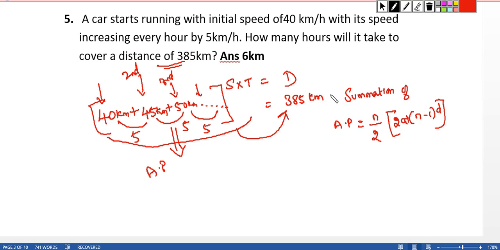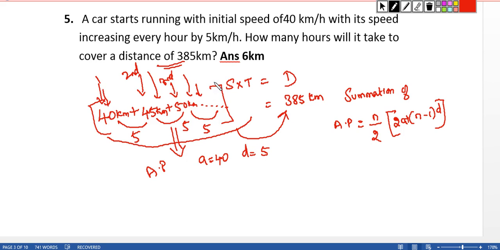In order to find that out, we are going to use the AP summation formula, where the first term a is 40, the difference d is 5, and n is the number of hours. As you see, this is the first hour, this is the second hour, this is the third hour.